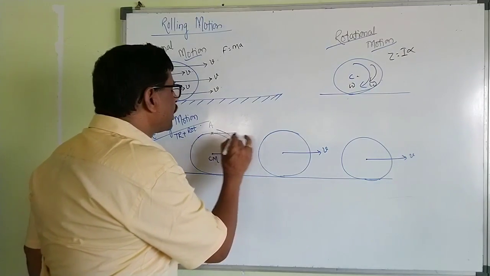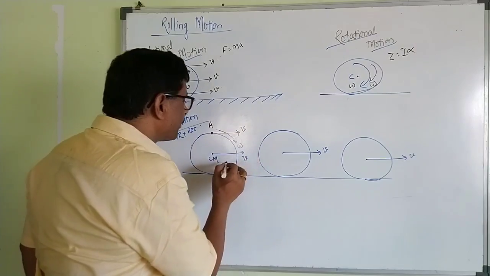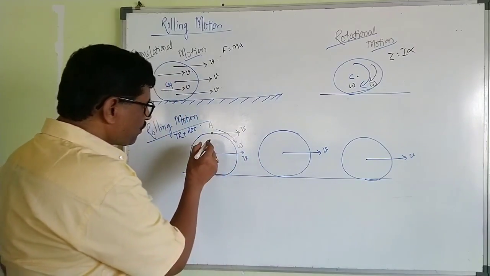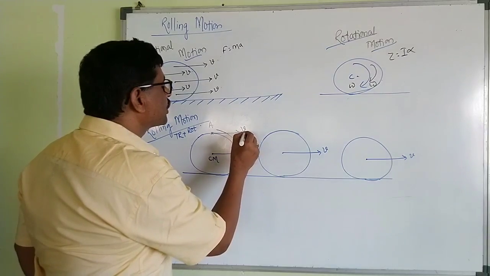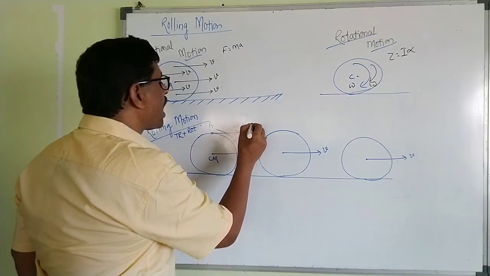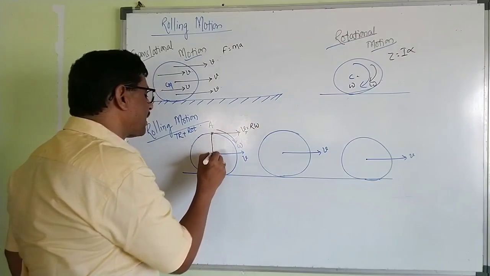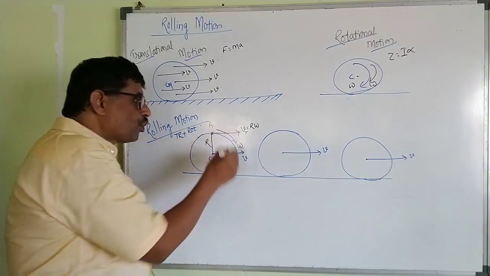At the same time, it is moving ahead with the same velocity v. It has both angular velocity omega and the tangential velocity, which is equal to R omega, where capital R is the radius. It has both.